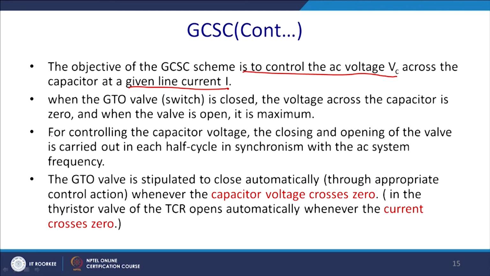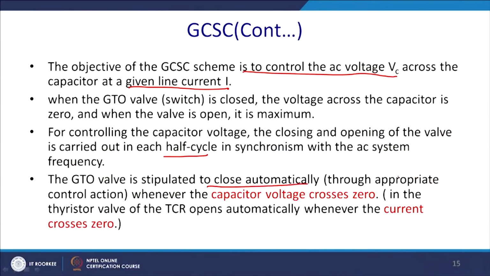For controlling the capacitor voltage, the closing and opening of the valve is carried out in each half cycle in synchronism with the supply frequency. So, you require a PLL also, phase lock loop.